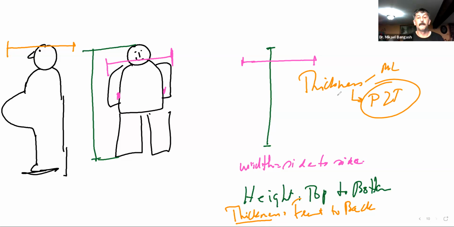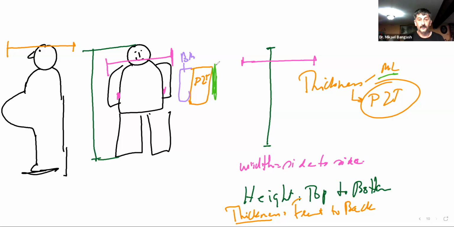Which mainly means that if we have a PCT and we look at it from the side, behind it is going to be the backing material. In front of it is going to be the matching layer.